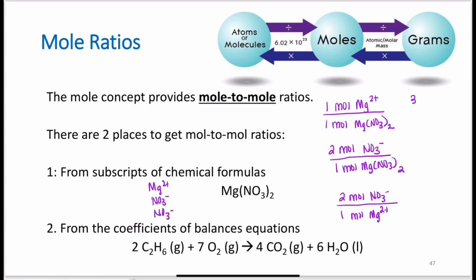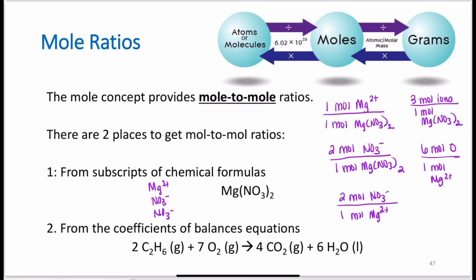I could say 3 moles of ions for every 1 mole of magnesium nitrate, because 3 ions make it up, which means if I have 1 mole of that species, I would have 3 moles of ions. I could say 6 moles of oxygen for every 1 mole of magnesium nitrate, or even let's just say 1 mole of magnesium 2+. That works too. For every 1 magnesium 2+, I have 6 moles of oxygen.